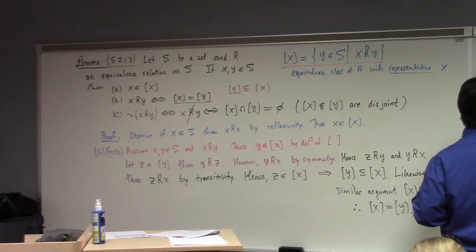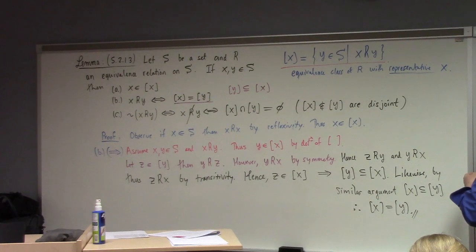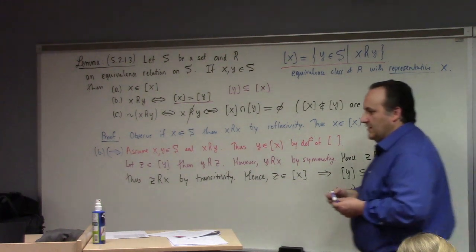So we're going to do what this time? We assume that the equivalence class containing x is equal to the equivalence class containing y, right? Then x is an element of the equivalence class containing y, and y is an element of the equivalence class containing x by part A, and the definition of set equality, right?